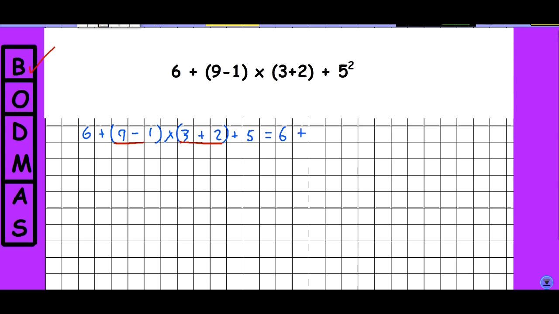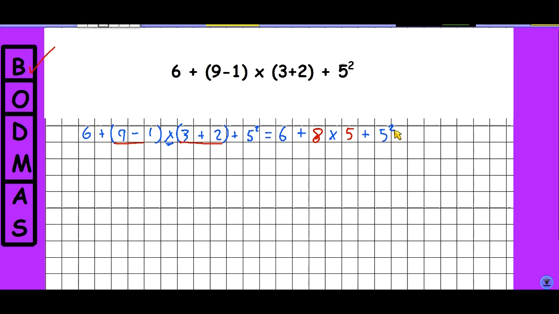So 9 minus 1, that's 8. Everything else stays the same, so there is a times sign here, so I do a times now. And the next thing is 3 plus 2, which is 5, plus, and it's 5 squared, I missed off the squared there, 5 squared.